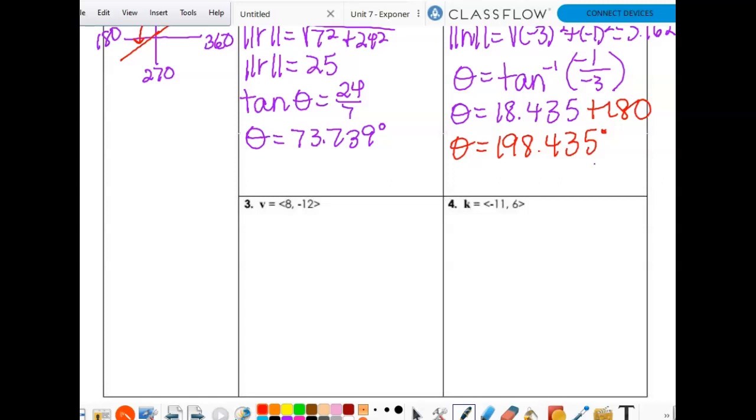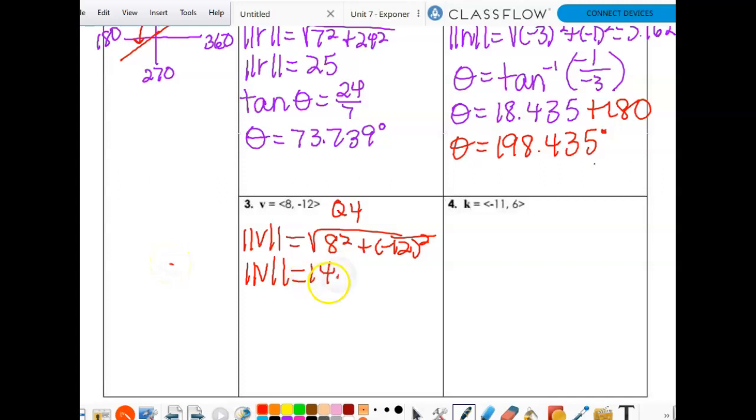Okay, so the next one, I have positive x, negative y. Which quadrant? Correct? So when I find the magnitude, I'm going to do 8 squared plus -12 squared. And my magnitude equals 14.422.